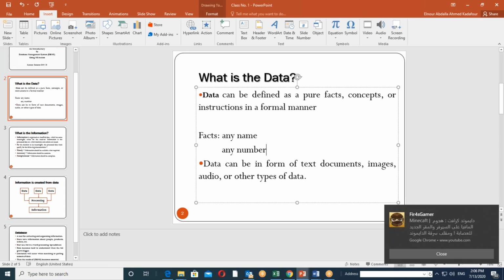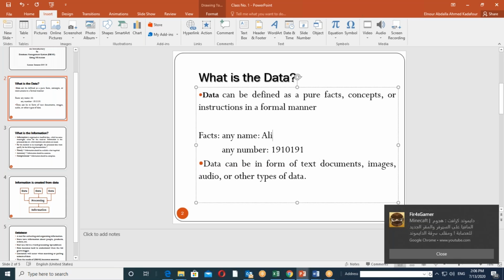A name can be Ahmad, Ali, or Muhammad. A number can be like this one, 19019. This is a number, while this is a name, for example Ali. So both are facts. There are names in our life, and there are numbers in our life. Yes. Okay, so this is data.